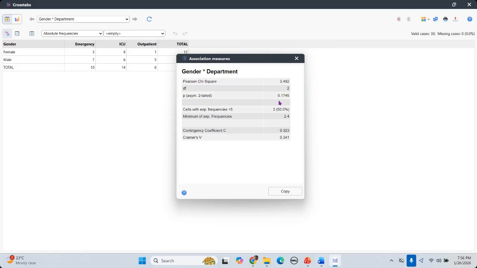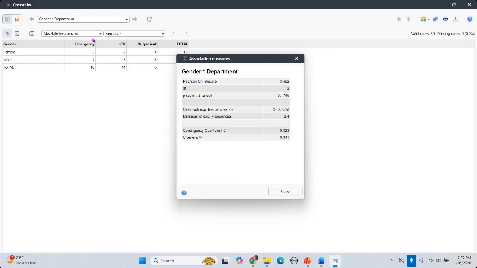Our p-value is 0.17. It means it is greater than 0.05. It means we fail to reject the null hypothesis. The conclusion is that there is no significant association between gender and department. There is no significant association, meaning these particular variables are not associated. Okay.